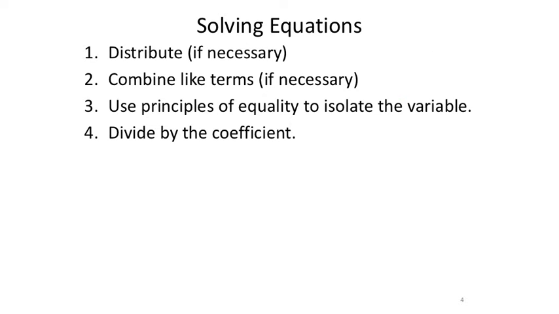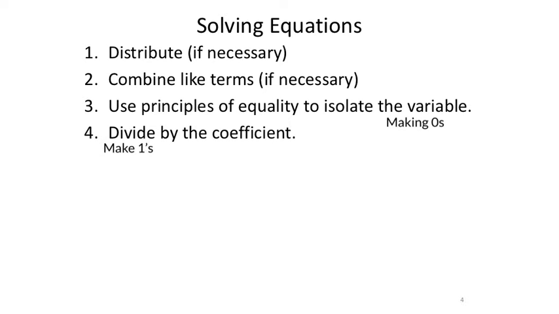All right, so going back, it says to distribute and combine like terms. We've only seen a little bit of this on the bell works. We shouldn't see any of these today. So using principles of equality to isolate the variable, that's talking about making zeros. And then when it says to divide by the coefficient, we've seen that it's possible to need to multiply by the denominators, and that is to make ones.